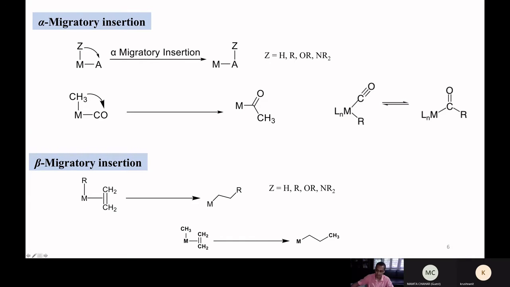We can come back and discuss it separately, but just to say, if you start from these metal acyl species and get alpha elimination, then this CH3 group will migrate onto the metal and you will get the CO. Just like oxidative addition and reductive elimination are opposite to each other, alpha migratory insertion and alpha elimination are opposite, just a kind of microscopic reversal.